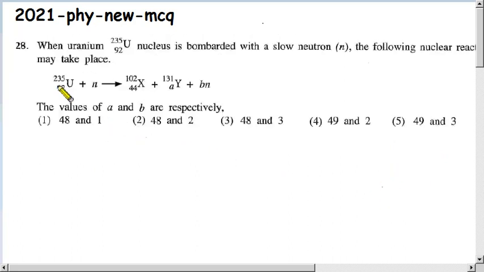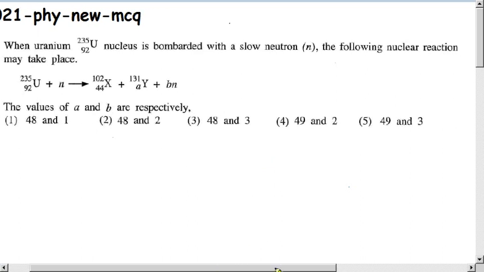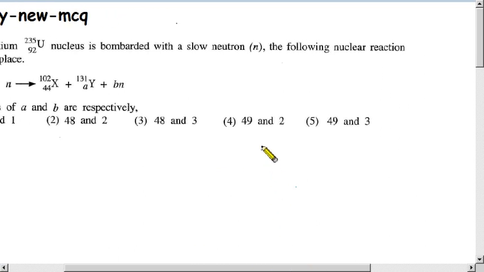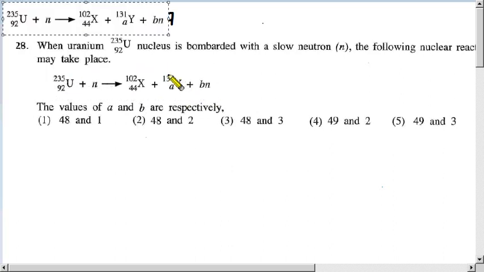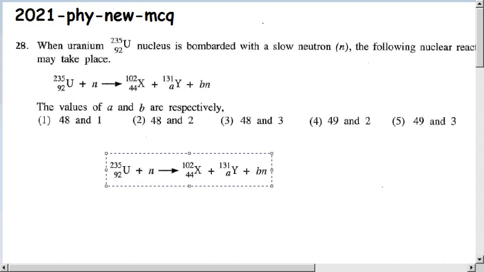So children, now let's try this one, question number 28. When a uranium-92 nucleus is bombarded with a slow neutron, the following nuclear reaction may take place. So they have given a reaction. Let us magnify it a little bit, because we have to write things there.